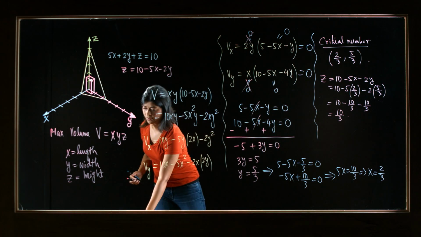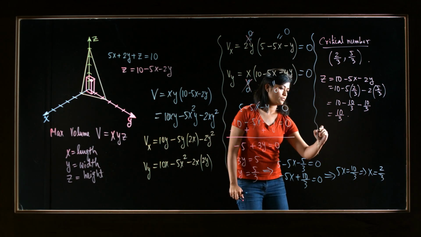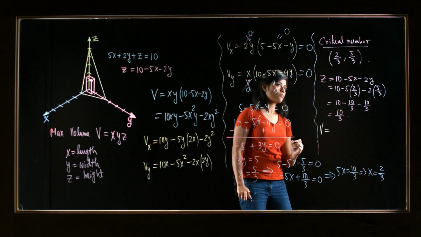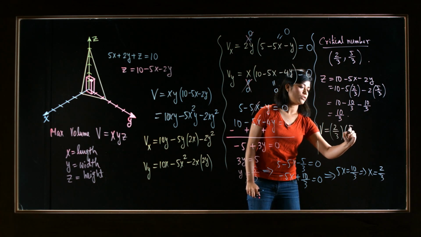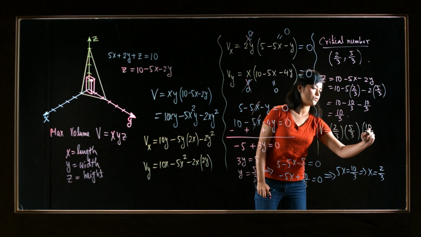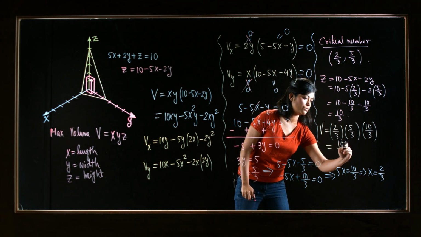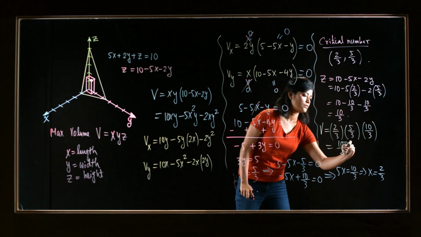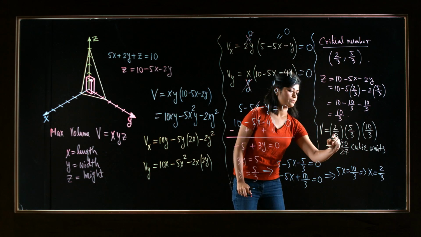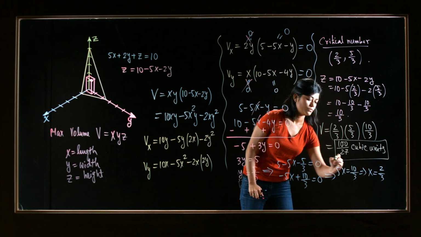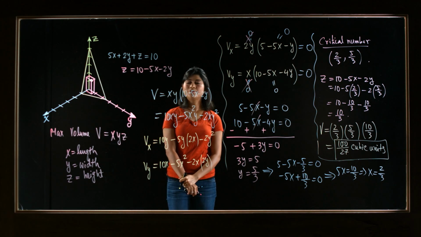Now finally our maximum volume is 2/3 times 5/3 times 10/3. So that is 100 over 27, and this is in cubic units. So this box has the maximum volume of 100 over 27.